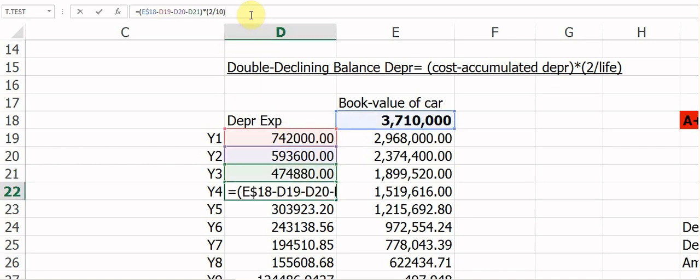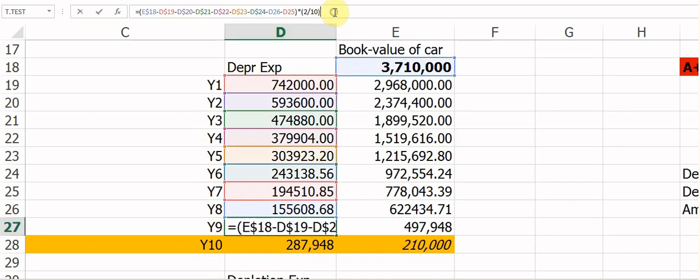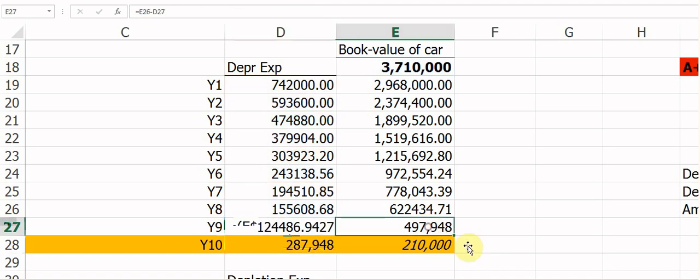Year 4, skip down. So year 9, I'm taking the book value of my car, minusing all my depreciation expenses I've accumulated, okay, times 2 divided by life, 10. Okay. And so my book value in year 9 is $497,948.